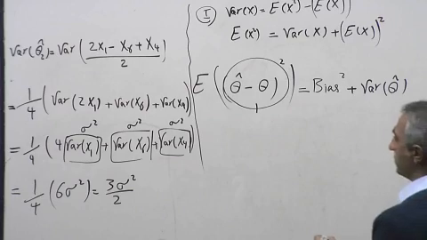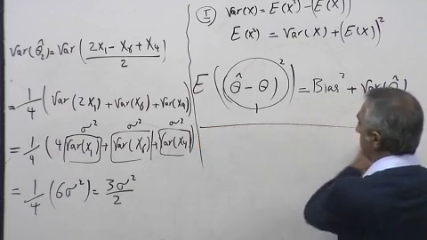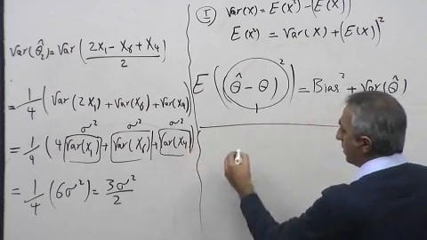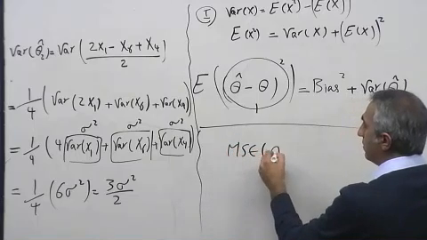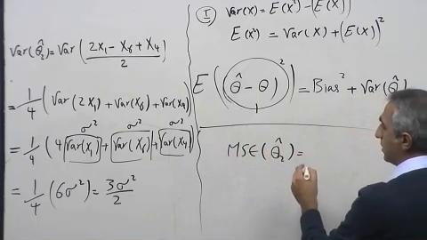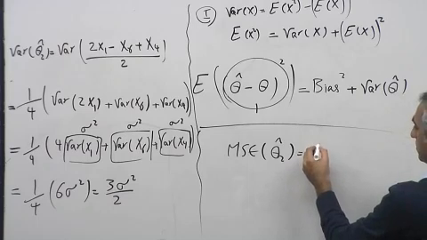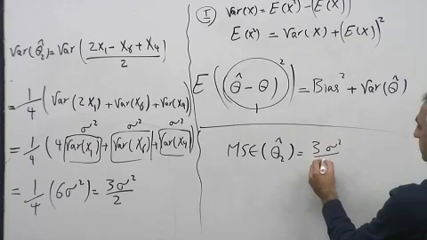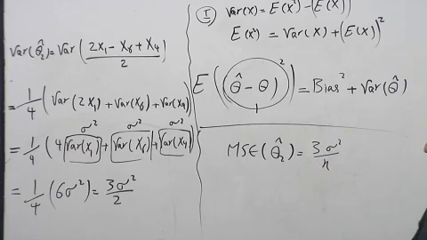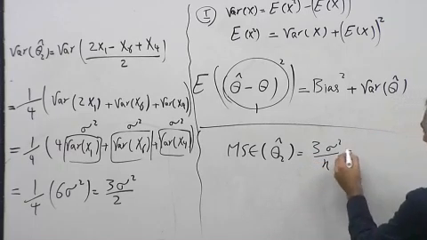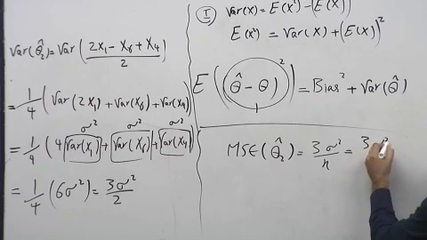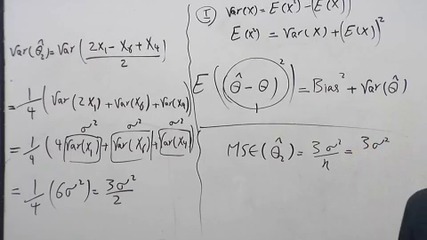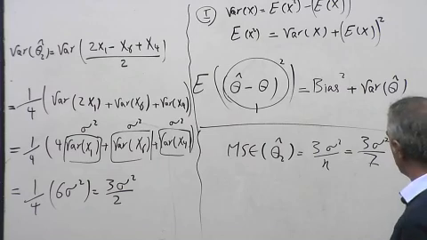So what is the MSE for theta hat 2? Basically, it's the bias, which is 0, and the variance. So which one is more efficient? Oh, by the way, our n is, in this case, 7. Oh, I'm sorry, this is not n, sorry.